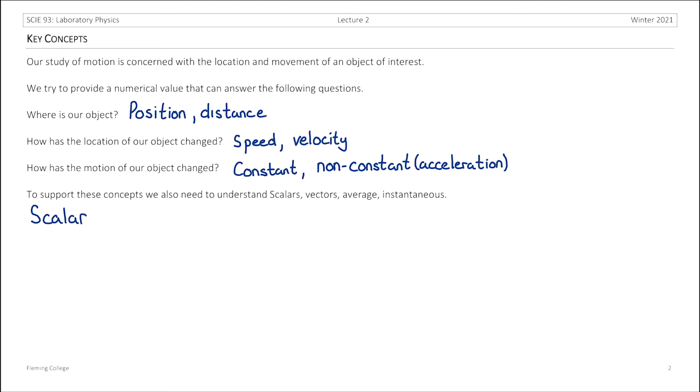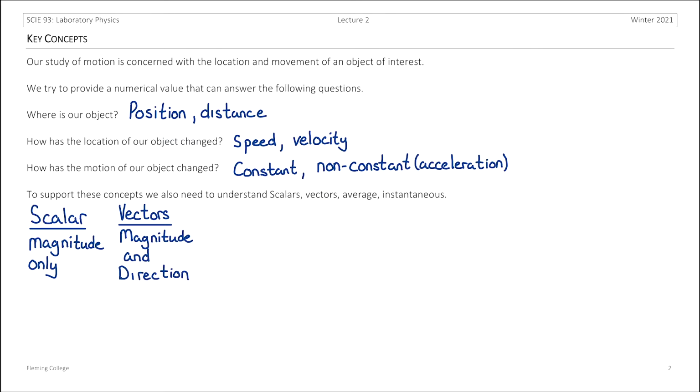Scalar values are values that have magnitude only, so it's just a number. Vectors are quantities that have magnitude and direction. When we're talking about vectors, we have certain conventions we follow. Directions usually have pairs, so you can go left or right.